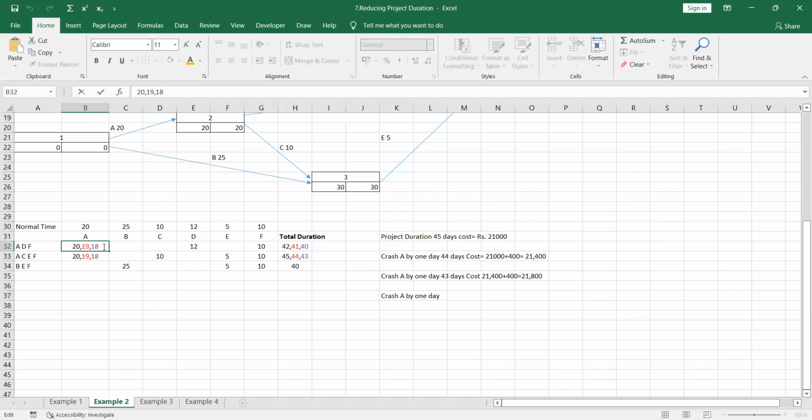This means it should be 17 here. So can you see I have made it as orange, right? So 17 here. So after crashing the activities, you have to find out the total duration. So the total duration here is 39. And here is 42.